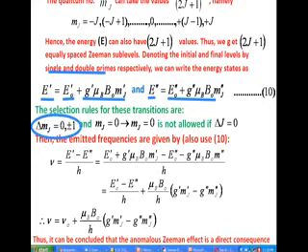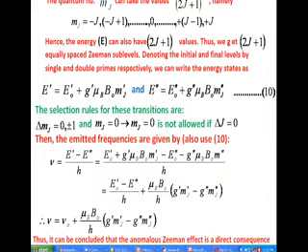Delta m_J is equal to 0 or plus minus 1. This is very important. For m_J 0 to 0, delta m_J becomes 0, but this transition is not allowed in a case where delta J is equal to 0. So remember this factor.